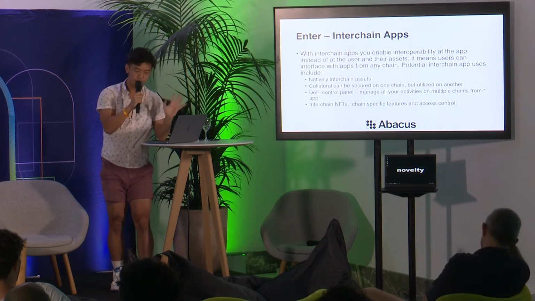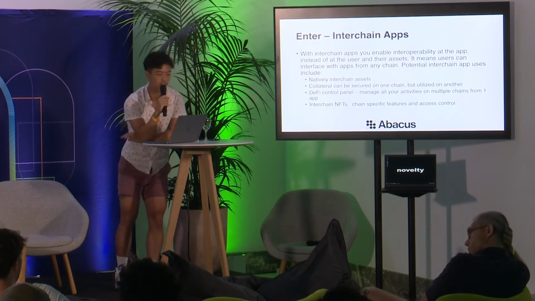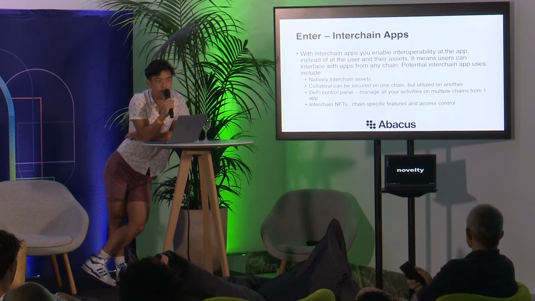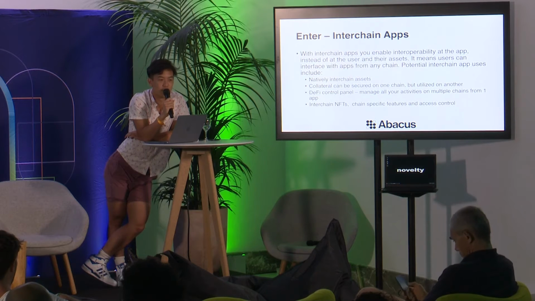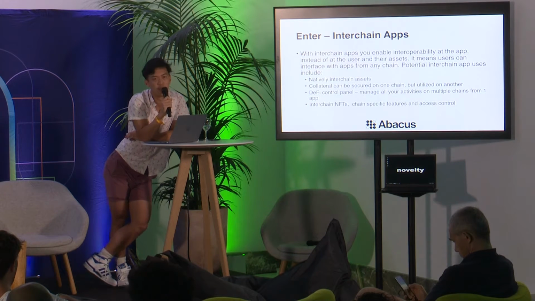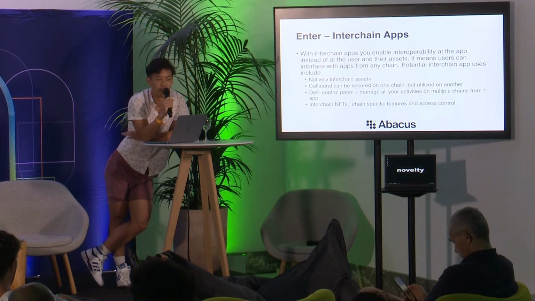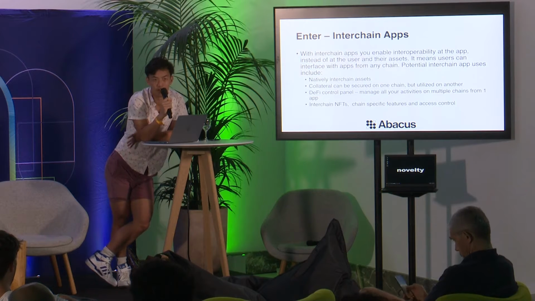But some ideas that you could put out there are natively interchain assets, for example. Today, the bridge world that we live in means that on Celo there's, what, 4 or 5 bridges already. When you bridge ETH over from Ethereum to Celo, you end up with 5 different wrapped ETH versions on Celo.